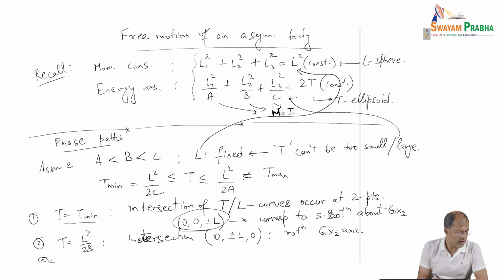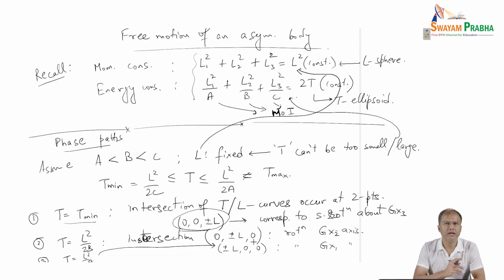Similarly, if T is the maximum value L square by 2A, then of course we can conclude that the intersection is at plus minus L, 0, 0, and then the rotation is about the x1 axis.